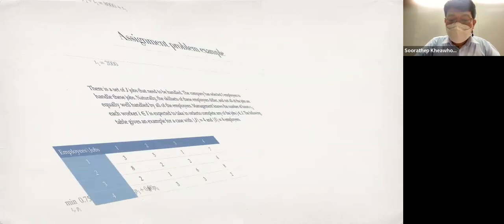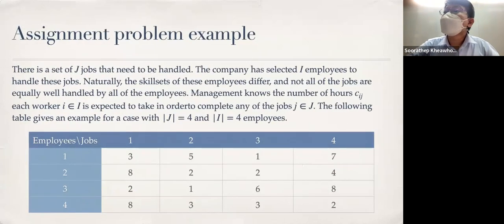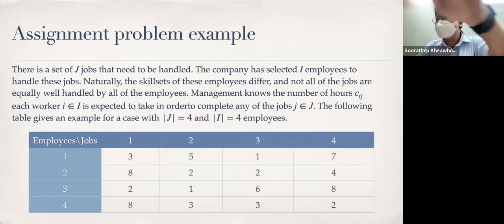The maximum is, yeah, because you have to satisfy other things. In this case, it's very simple because you have only 4 jobs and 4 people.